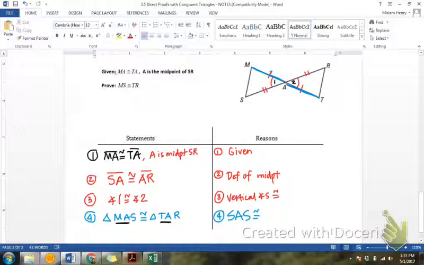So because I've said that my triangles are congruent, number 5 can be MS congruent to TR. The reason for that is CPCTC, corresponding parts of congruent triangles are congruent.